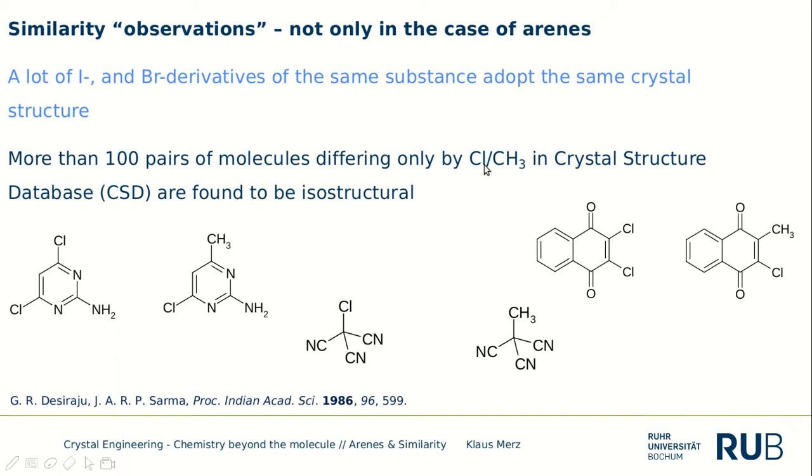Or another example. If you change one chlorine substituent to a methyl group, in a lot of crystal structures, not all, a lot of them, for example, there's a publication here from Desiraju, from 1986, and he has shown that 100 pairs of molecules fit these rules.